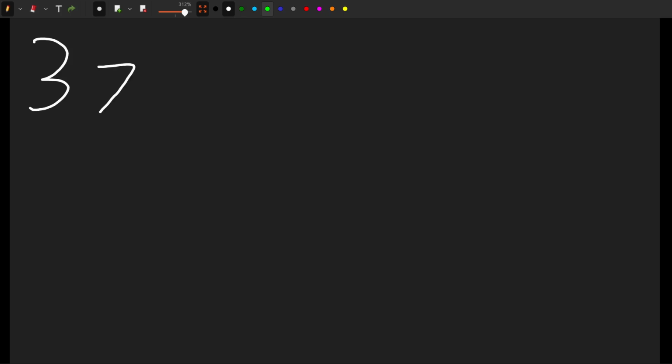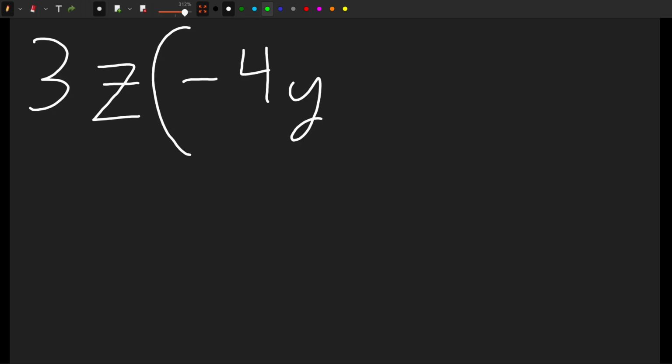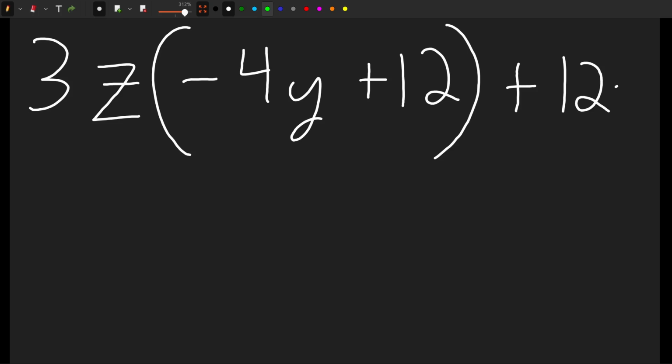Let me go down to a new page for this. This next problem will be a bit more challenging than the previous one. We have 3z, so that is a z, which is another variable. And then we're going to have parentheses again, negative 4y plus 12 plus 12zy.